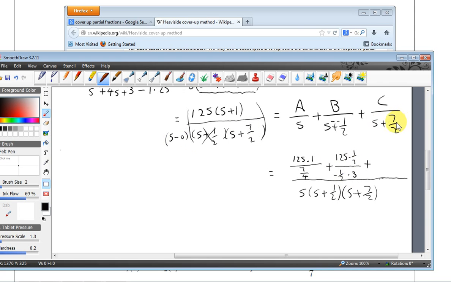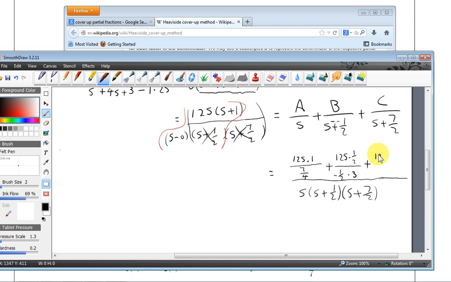Now we get on to C. So the denominator here is s minus minus 7 halves. So we cover this one up and we look at what's left. It's all of this here, and we replace s with minus 7 halves. So we have 125 times minus 7 halves plus 1. Well, minus 7 halves plus 1 is minus 7 halves plus 2 halves.